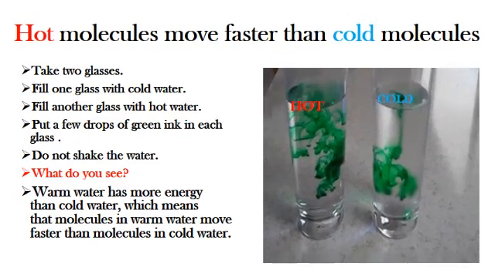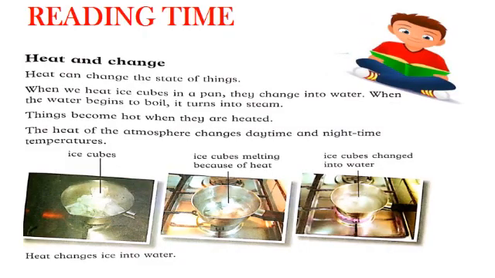Now students, let's start reading with me. Heat and change. Heat can change the state of things. When we heat ice cubes in a pan, they change into water. When the water begins to boil, it turns into steam.